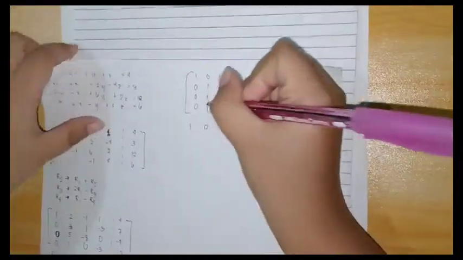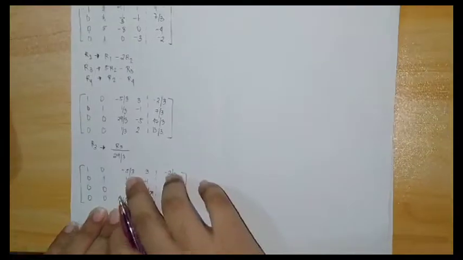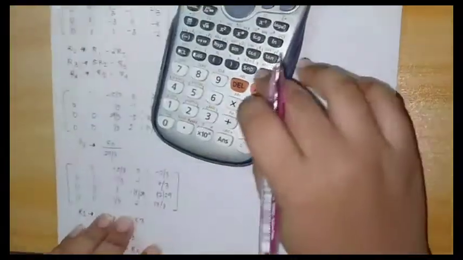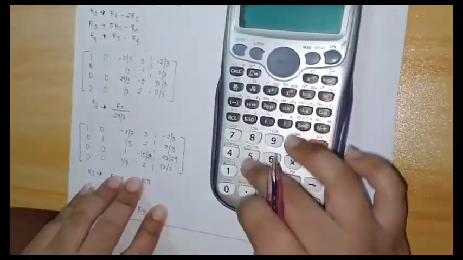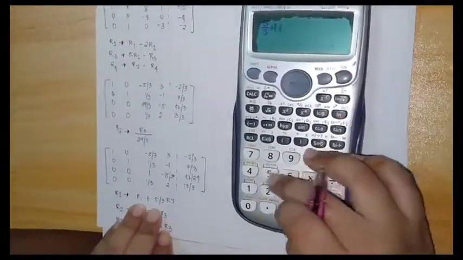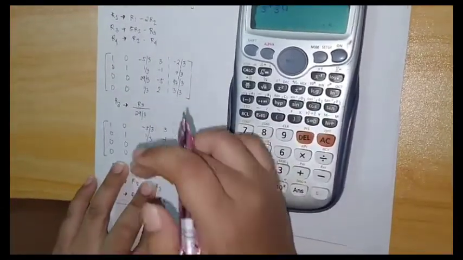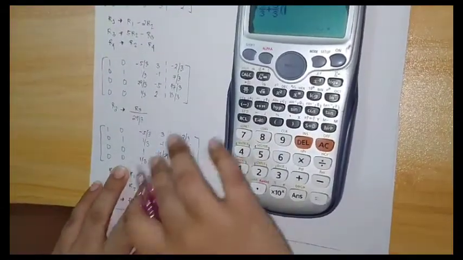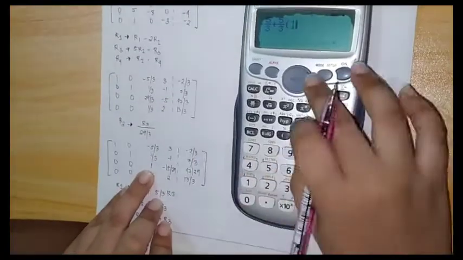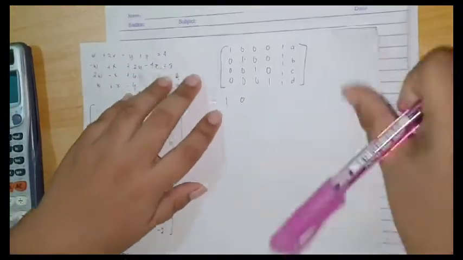Next, negative 5 over 3 plus 5 over 3 times R3 here, which is 1. So 0.